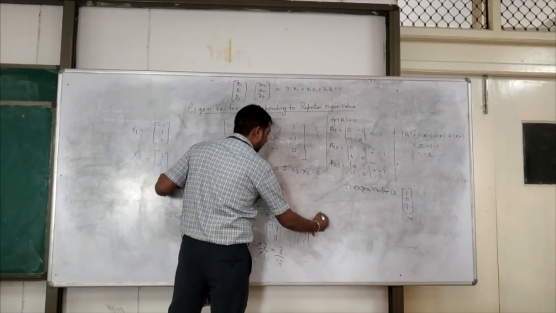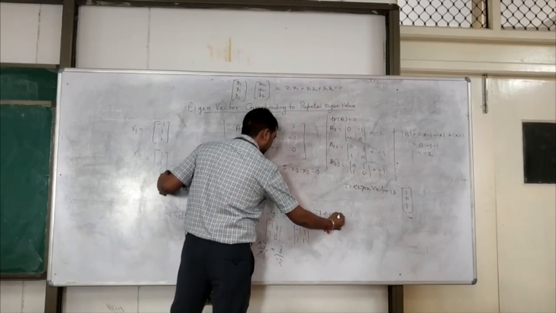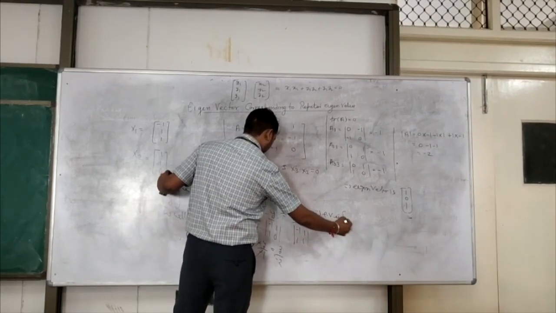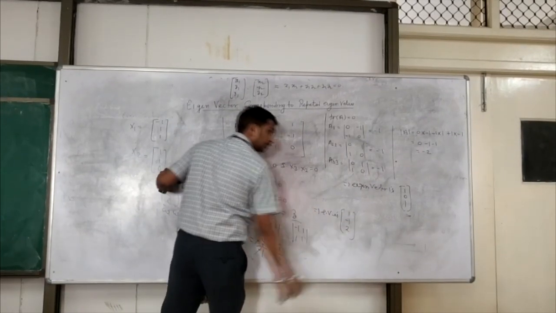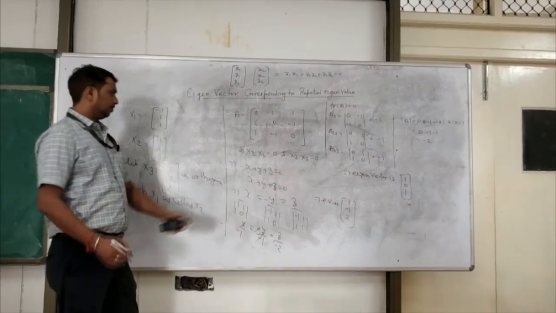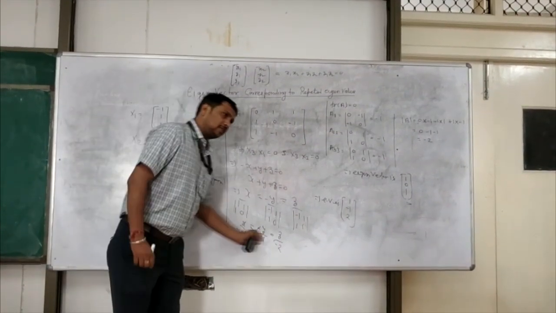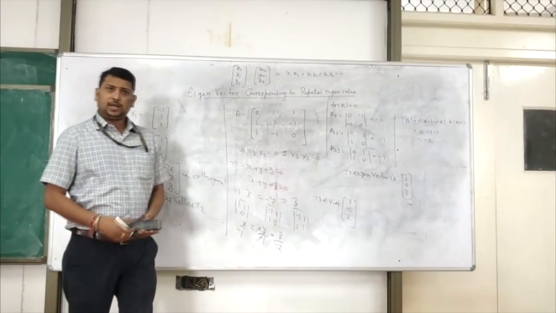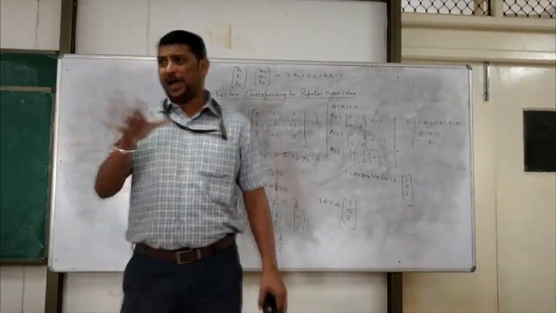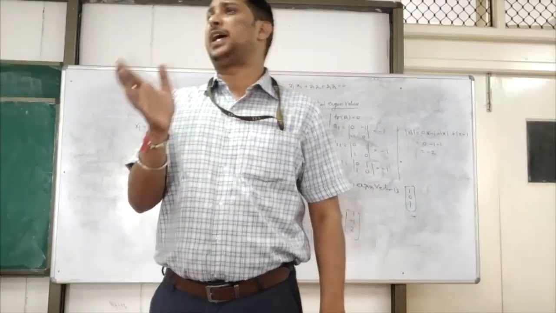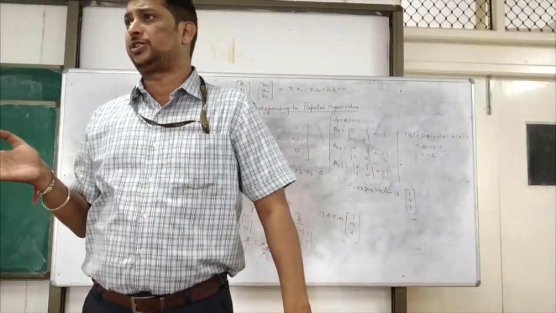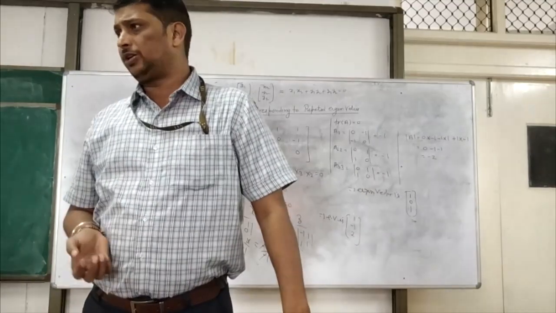So what is the eigenvector? Minus 1, 1, minus 1. Correct? You can multiply by minus, because it is a ratio. Ratio means you can divide or multiply by any number; the ratio is not going to change, same as dividing by minus.